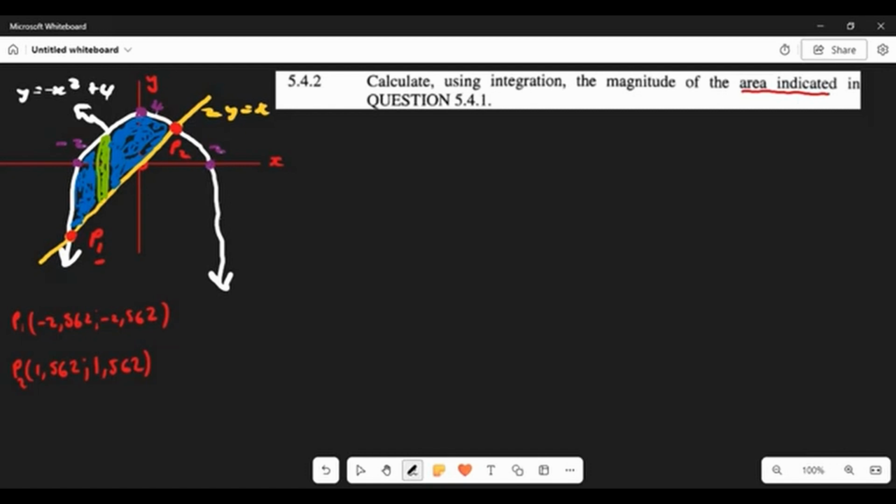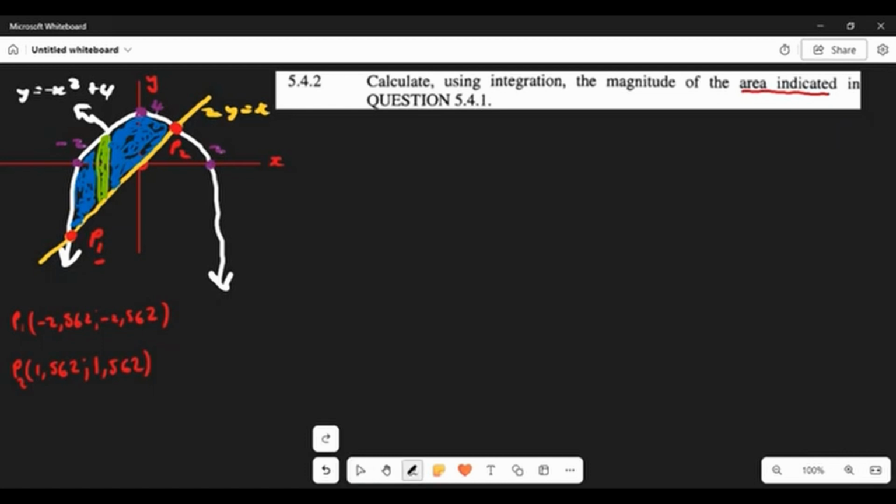But I also took the graph that you see here, from 5.4.1. They want us to calculate the area of this graph. That area they're talking about is the blue color of this graph. So the blue color indicates the enclosed area that they want us to calculate.